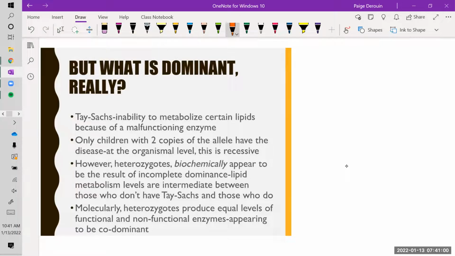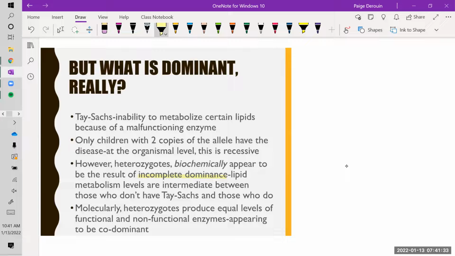But if you look at heterozygous people and their biochemical composition, like what's actually going on, it looks like incomplete dominance, if you took a blood test, because they have somewhere in the middle in terms of their ability to metabolize lipids. It's not so bad that they have Tay-Sachs, but it's not as functional as a normal person. So it looks like they're in the middle, incomplete dominance, blendy.